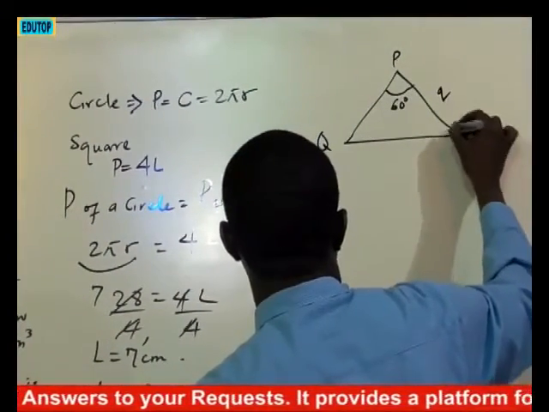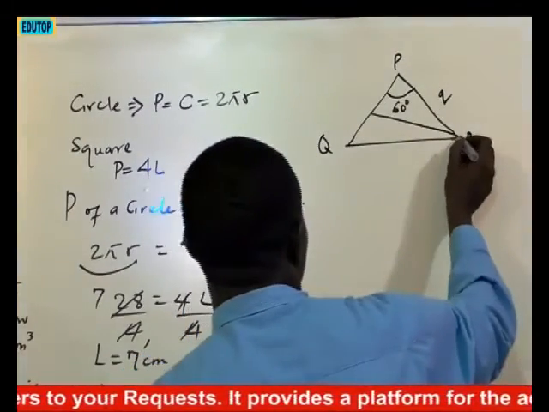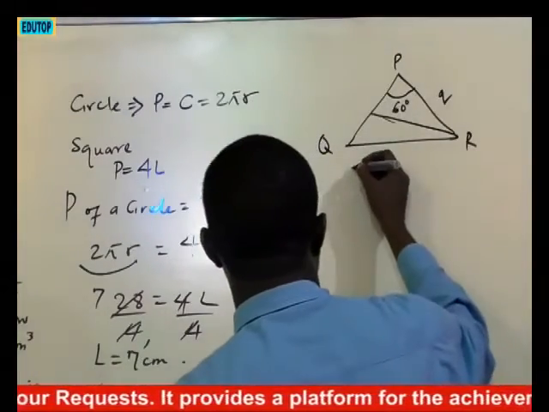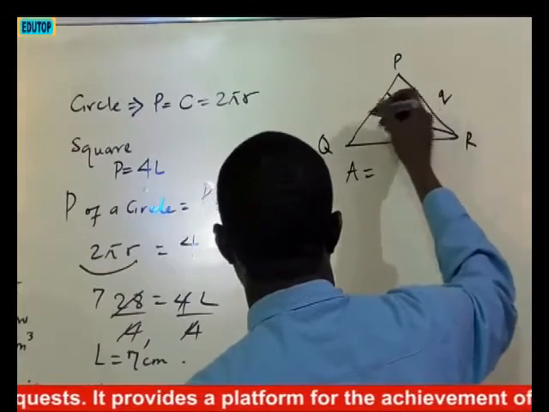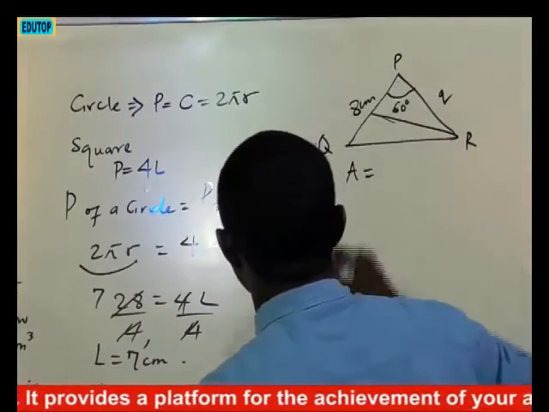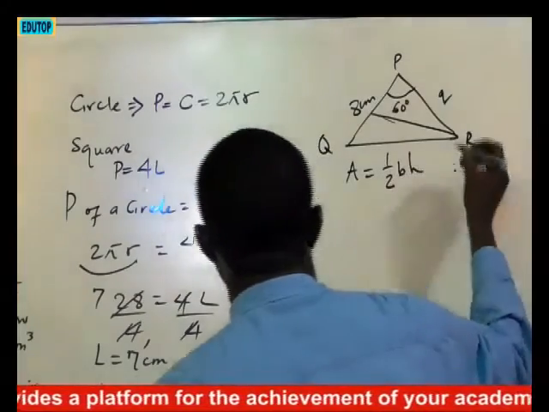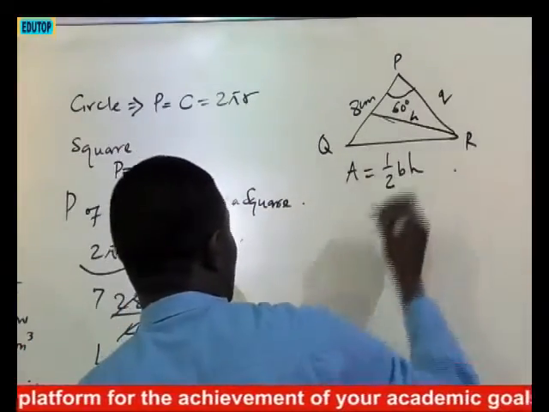So we can produce a line from R to meet PQ. In that situation, what's the formula for calculating the area of a triangle? It is half base times height. That's the formula. But in this situation, let's call this our height.